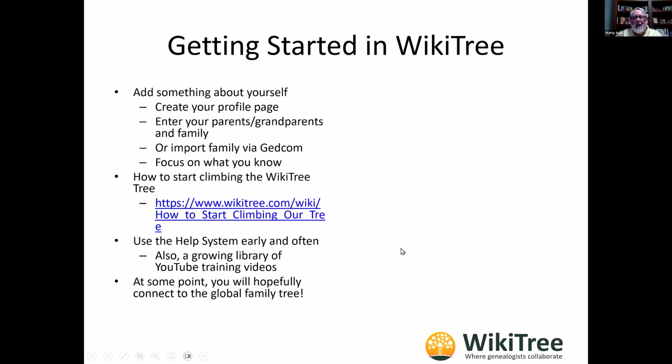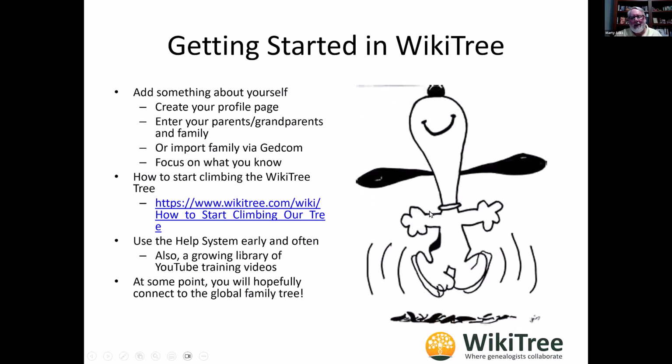If you have that kind of background, you're probably going to connect to the global tree sooner rather than later. If you're from other areas of the world, there are communities there, but they're not as big as the communities of people from the U.S. At some point when you make that connection, this is what I call my little happy dance.